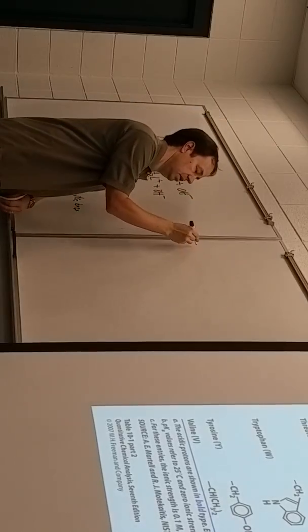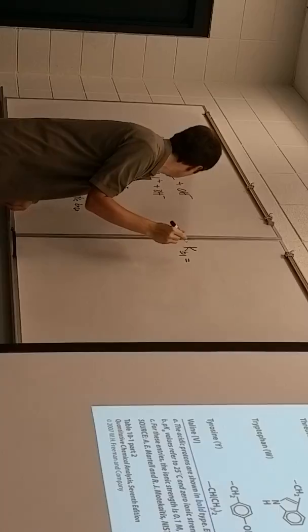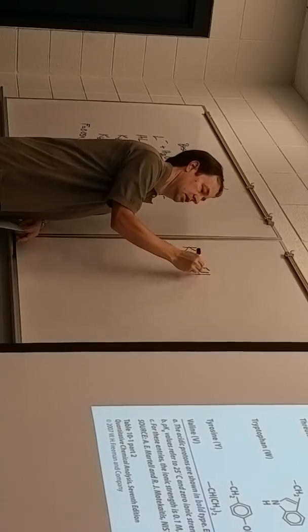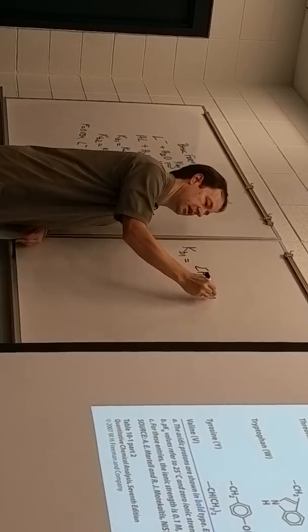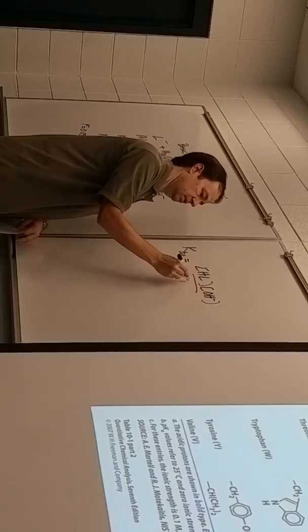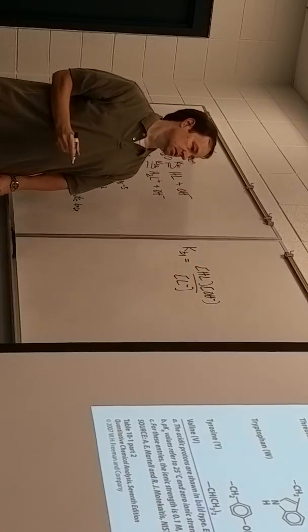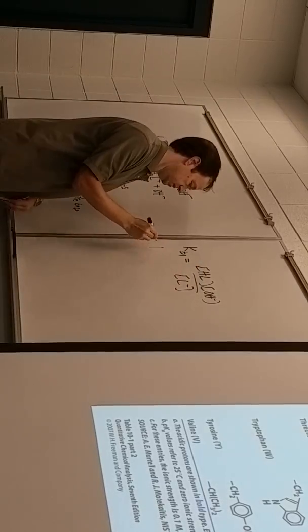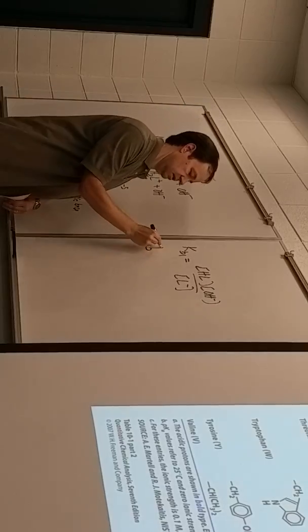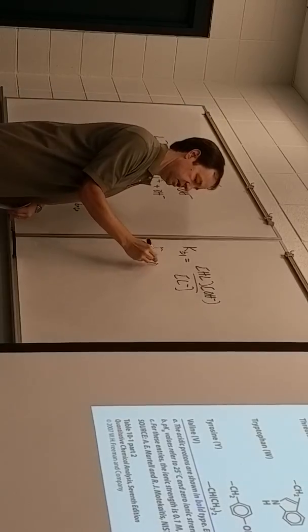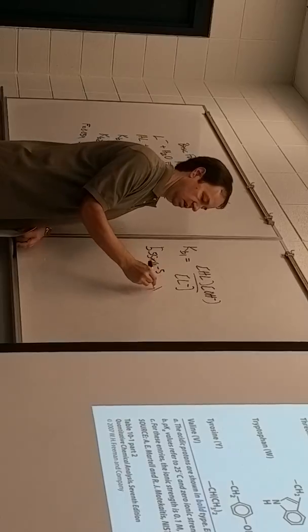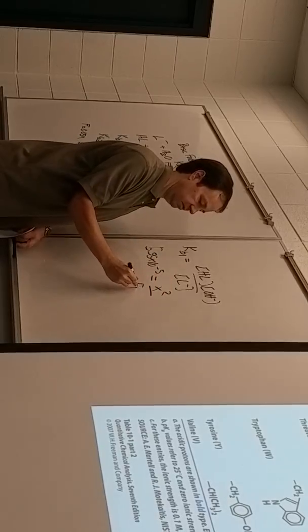So what do we say, KB1 would equal HL and OH minus over L minus. We will say that this is 5.55 times 10 to the minus 5th equals x squared over f minus x.